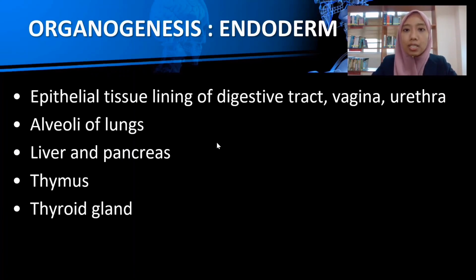While the endoderm will form epithelial tissue lining of digestive tract, vagina, and urethra, the alveoli of lungs, and form the liver and pancreas, thymus, and thyroid gland.